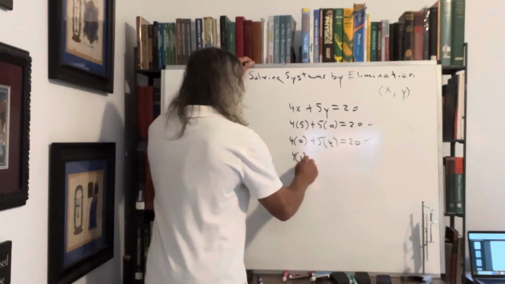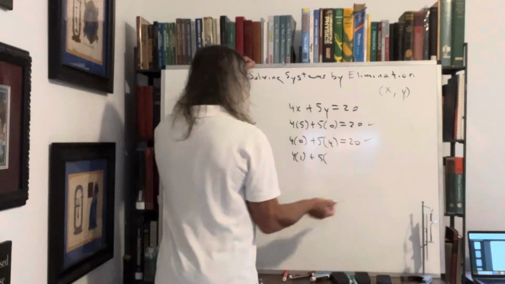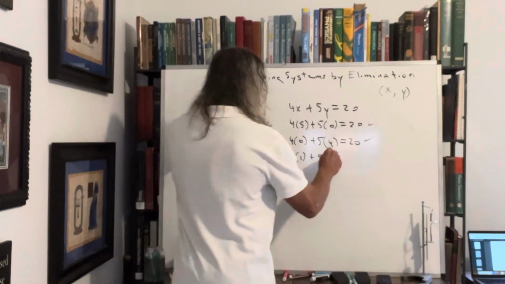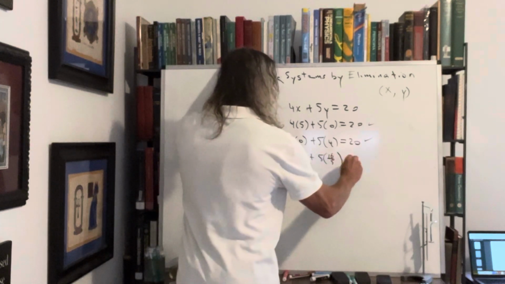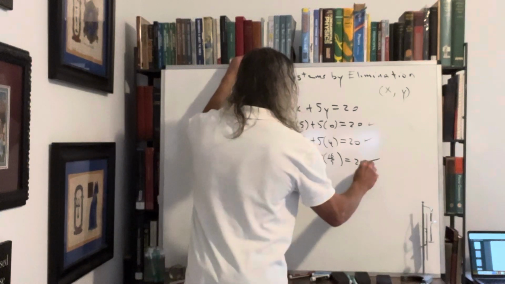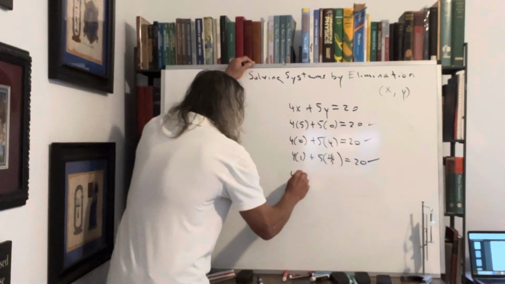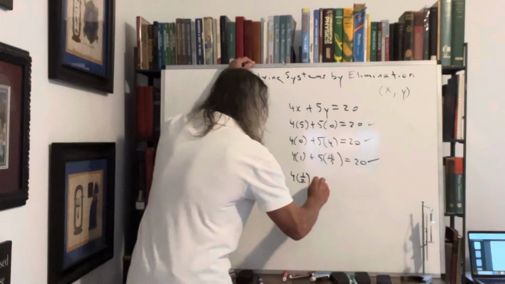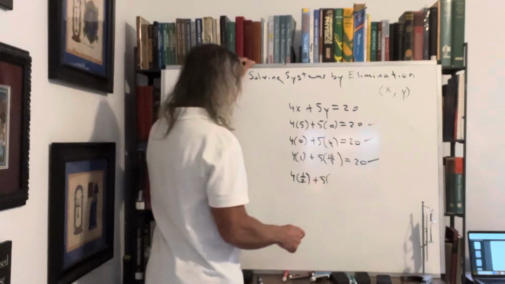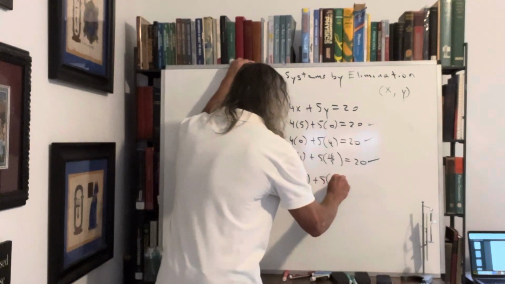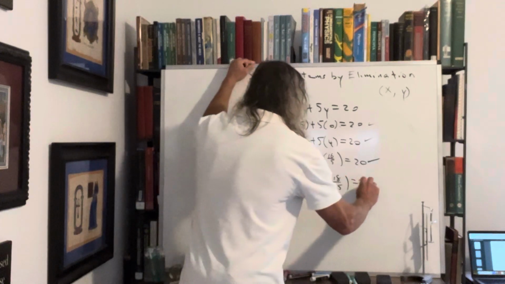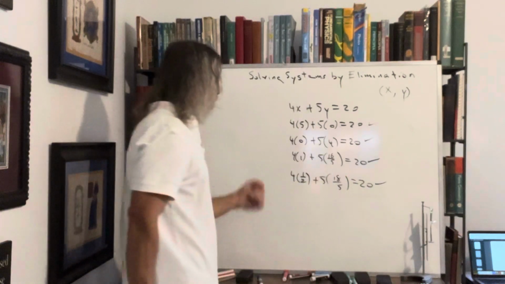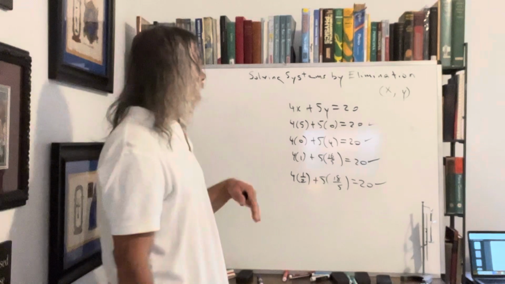X could be 1, y could be 16/5, and it works. X could be 1/2, y could be 18/5, and it works. And on and on.